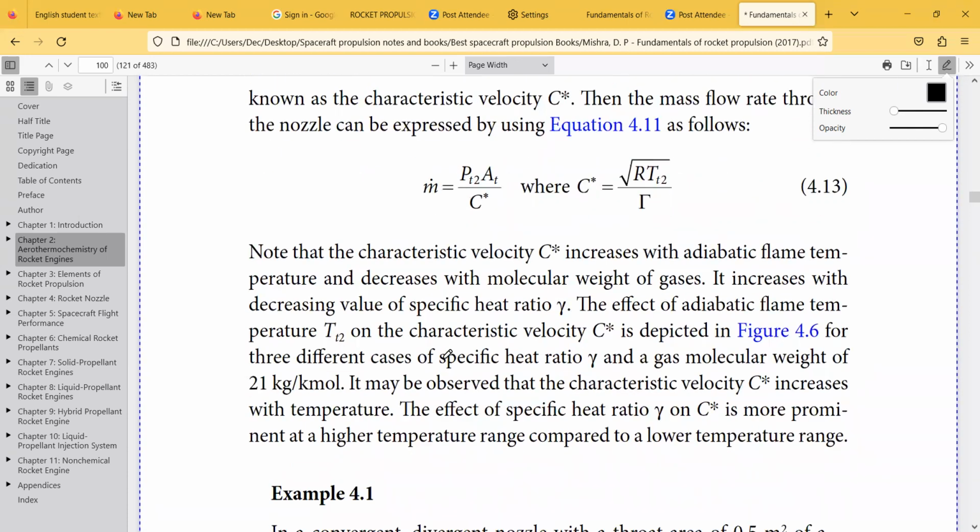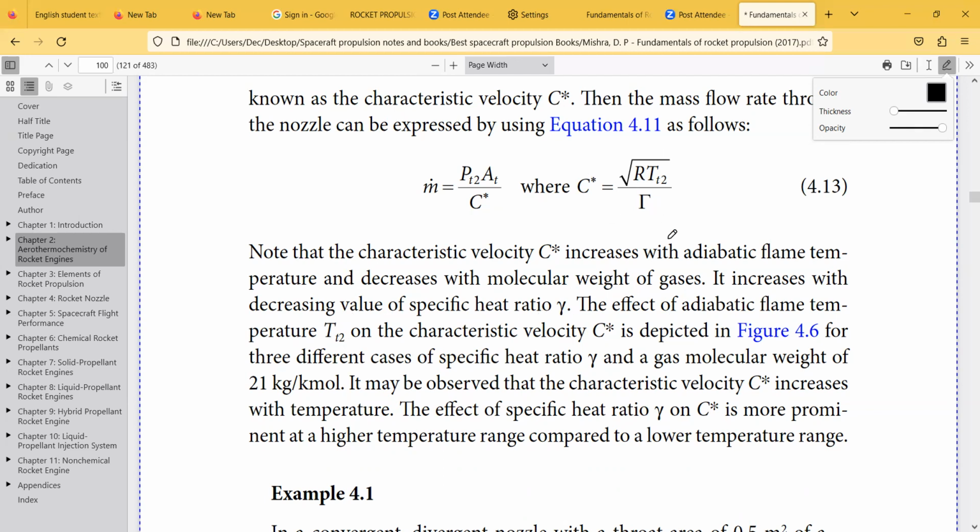From the above formula, what we can say is that the characteristic velocity C star increases with adiabatic flame temperature, because C star is directly related to adiabatic flame temperature. And it decreases with the molecular weight of the gas, where R is the gas constant. It increases with decreasing value of specific heat ratio.